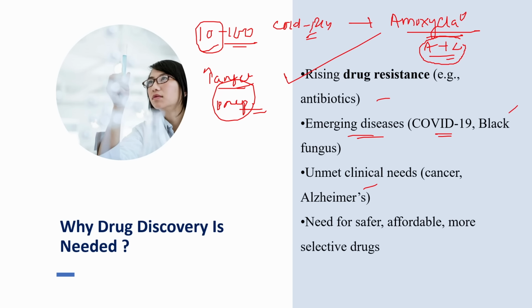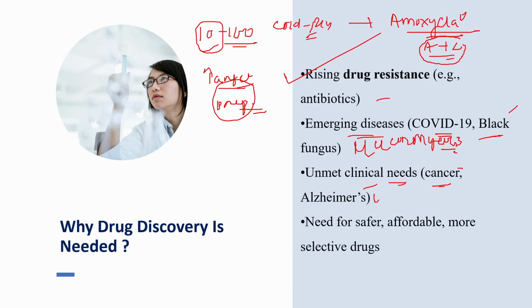There is also a disease called black fungus. It is a fungal infection, also known as mucormycosis. Next, unmet clinical need. For cancer, we need some medications.